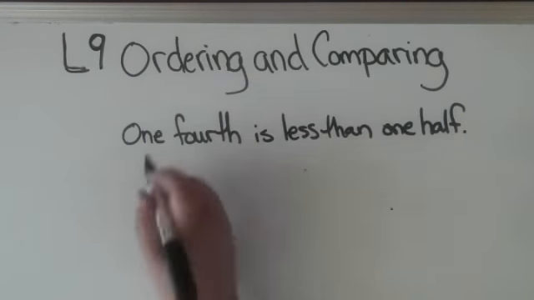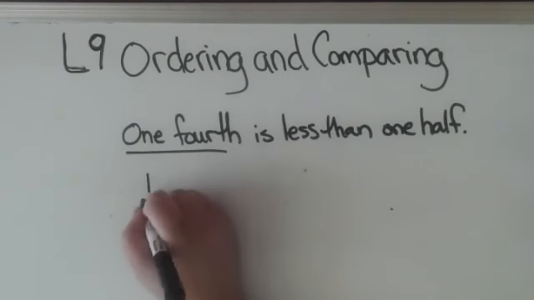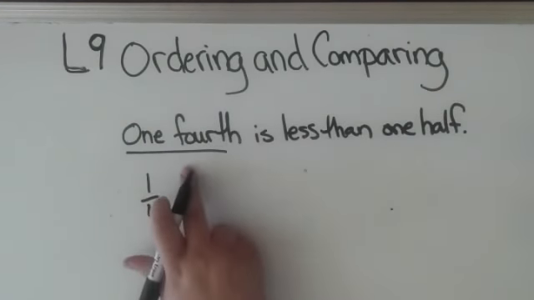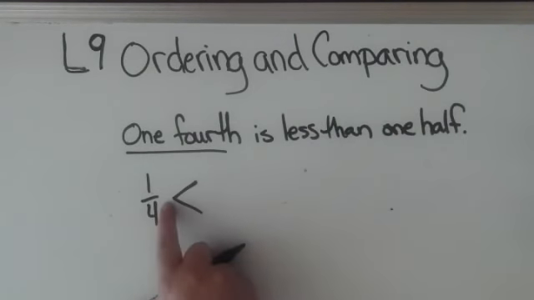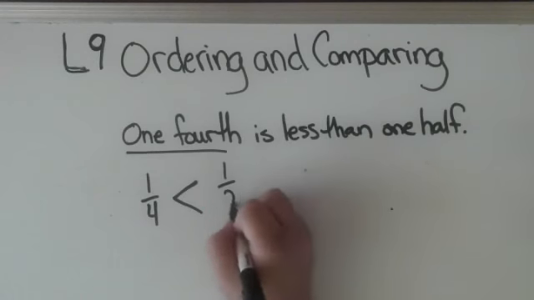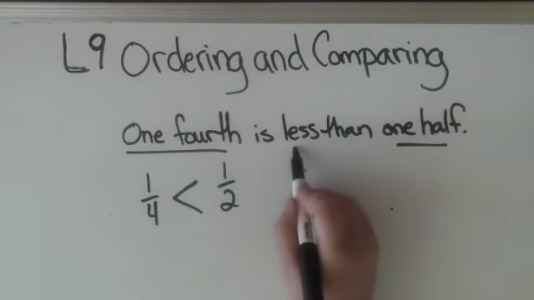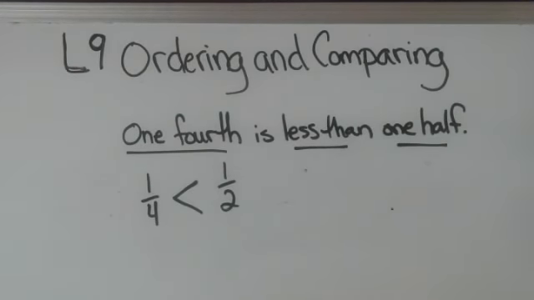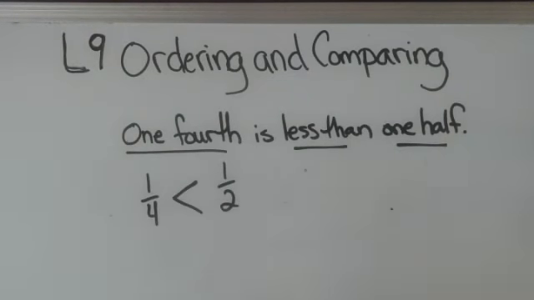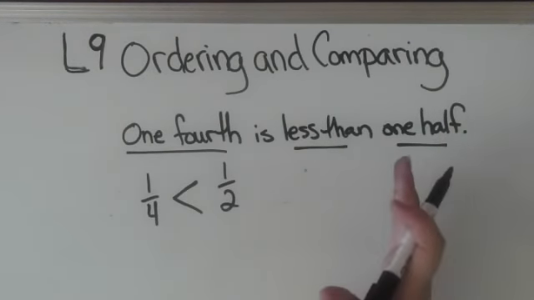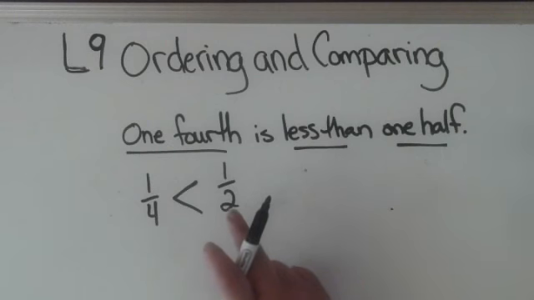So I'm going to start with my first fraction, 1/4. 1/4 is less than, remember the pointy end is the less than, 1/2. Those are the things that tell me what I need to do. 1/4 is less than 1/2. So that is taking a sentence and writing it into numbers, digits, and symbols.